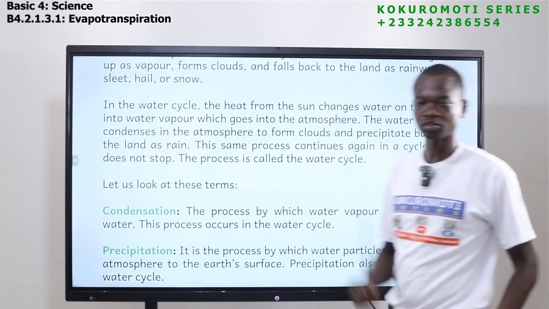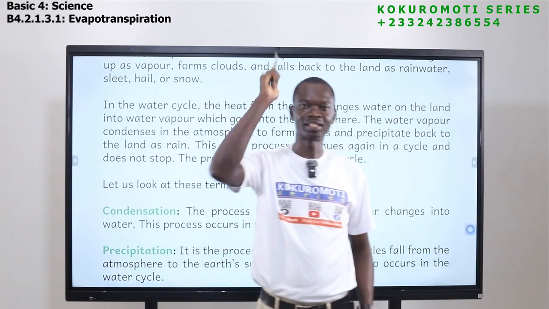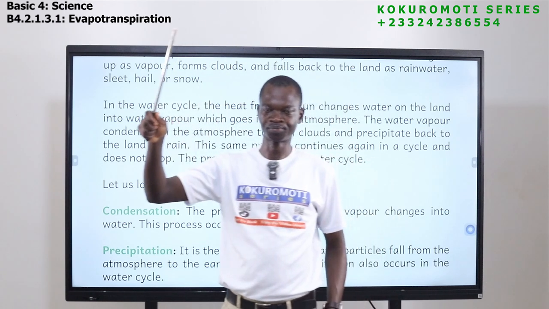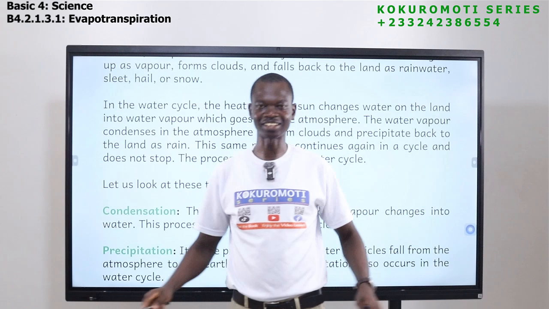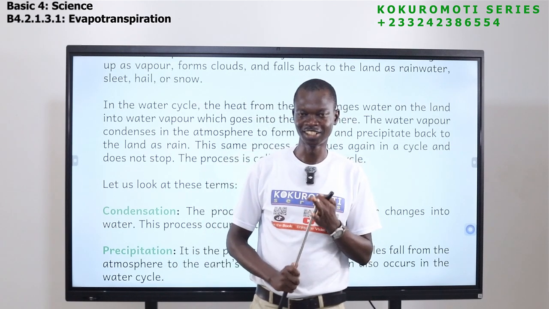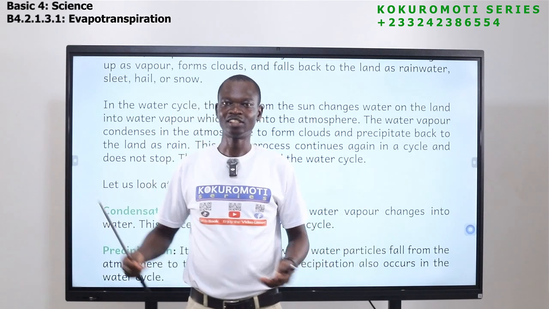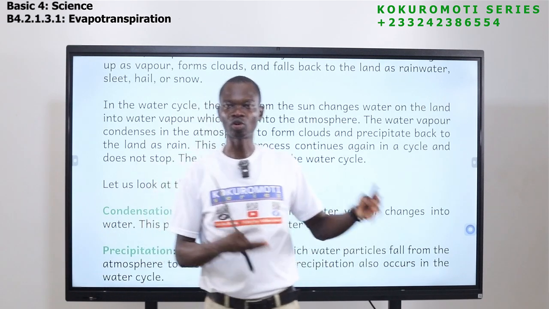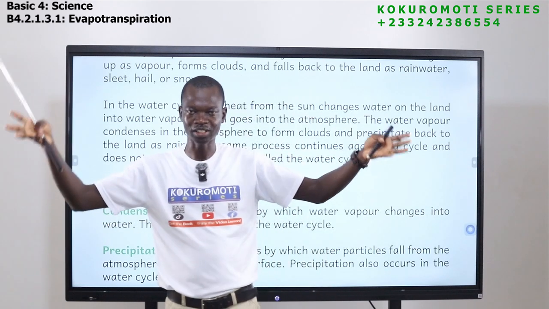So in the water cycle, we are talking about movement of water from the surface of the land to the sky, or to the atmosphere. Do you know that water moves from the surface of the land? Yes, through transpiration and through evaporation. The heat will cause the water bodies to evaporate. The heat will cause plants to lose water, and all these turn into water vapor.